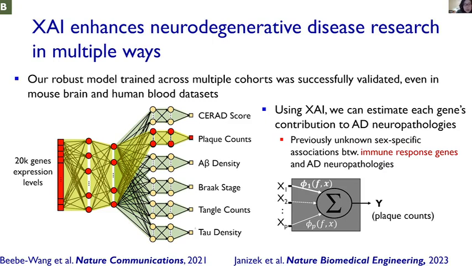In our study, published in Nature Communications a few years ago, we identified some previously unknown associations between immune response genes and neuropathologies. And later we applied a similar approach to the cancer drug synergy prediction problem. That's the more recent paper, Nature Biomedical Engineering 2023.